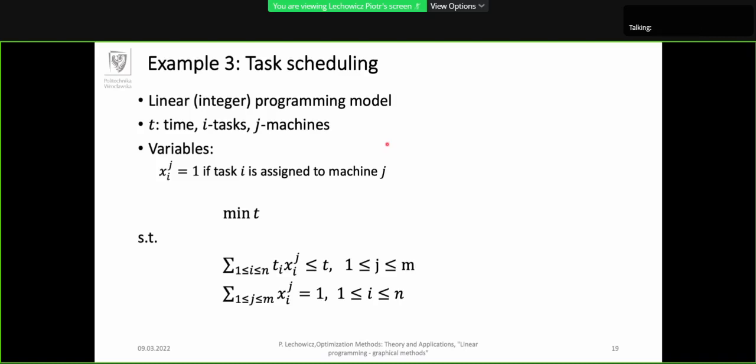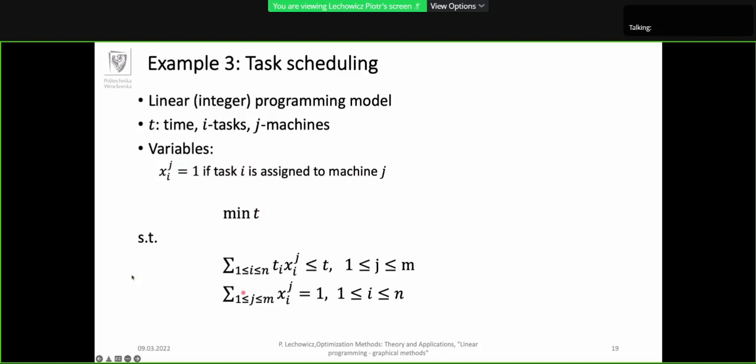Actually, it's a binary programming model. So let us denote T is the time, I is the task, J is the machine. So we have variables xij, which is equal to 1 if a task I is assigned to machine J. And we want to minimize the overall time.